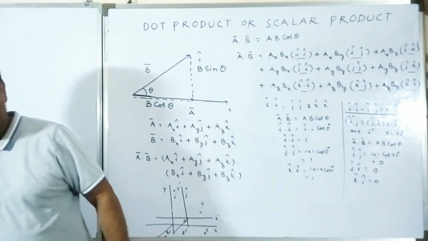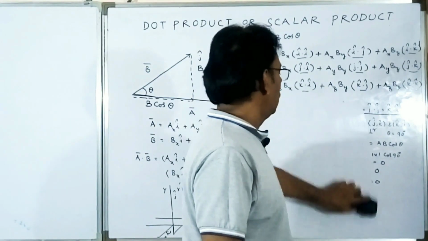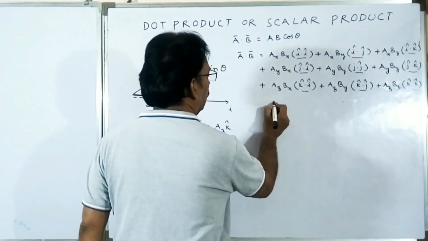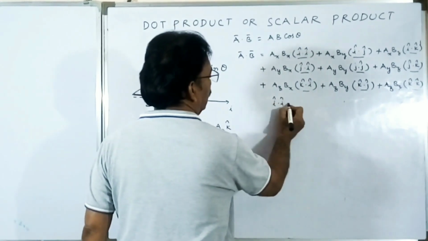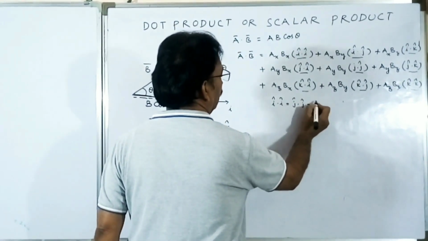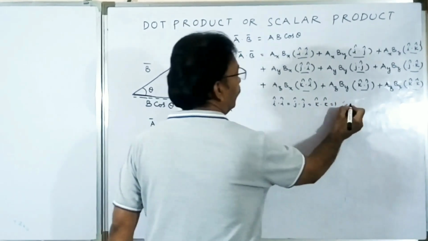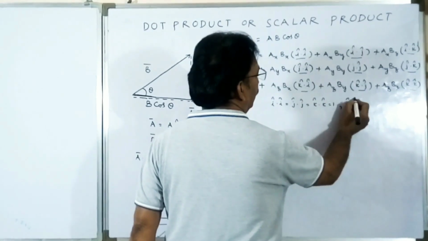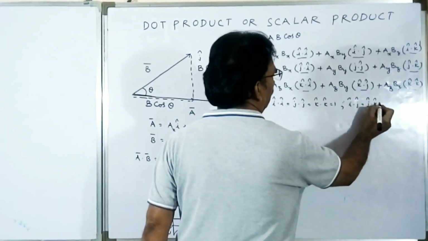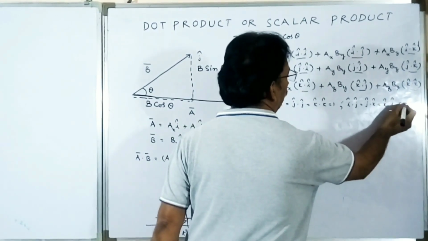So i cap dot i cap is equal to j cap dot j cap is equal to k cap dot k cap is equal to 1, and i cap dot j cap is equal to j cap dot k cap is equal to k cap dot i cap is equal to 0.